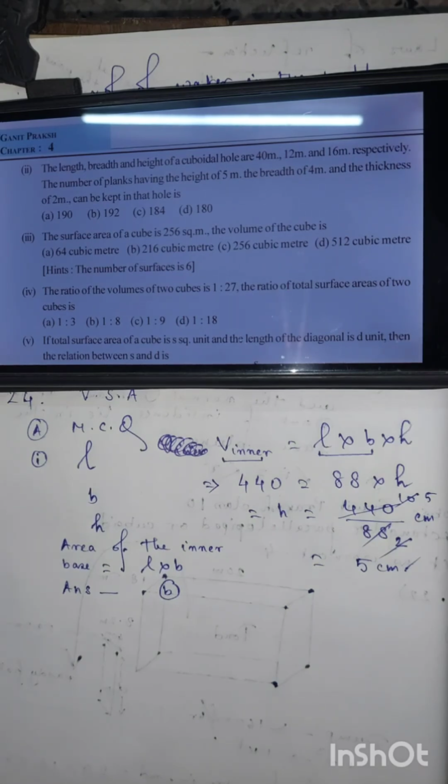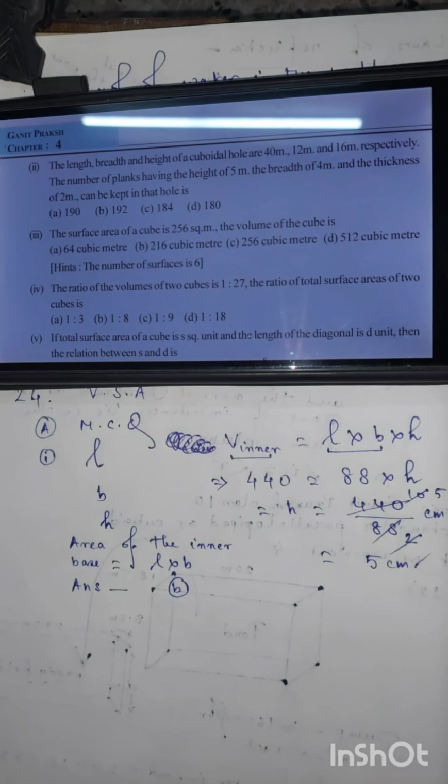The number of planks having the height of 5 meter, the breadth of 4 meter, and the thickness of 2 meter can be kept in that hole.